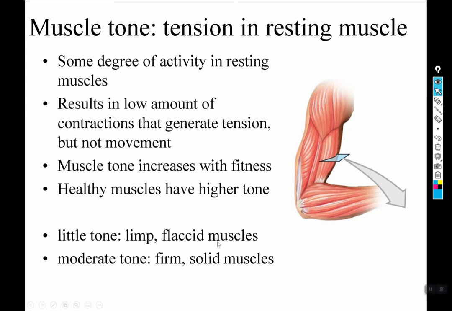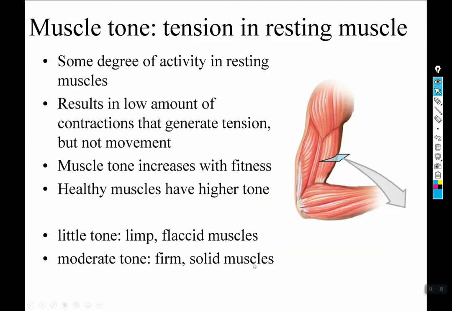Moderate tone results in firm, solid muscles that are rich with sarcomeres. There's lots and lots of partial tension, and this gives them a greater ability to generate tension more quickly if asked to. So that's kind of what muscular fitness is about. Now, that doesn't have anything to do with aerobic fitness yet. This is just about tension possibilities.